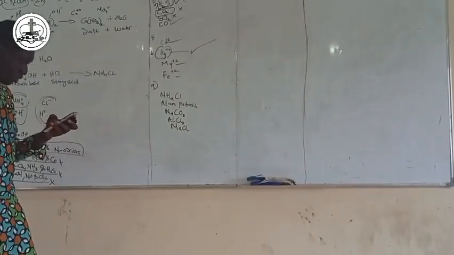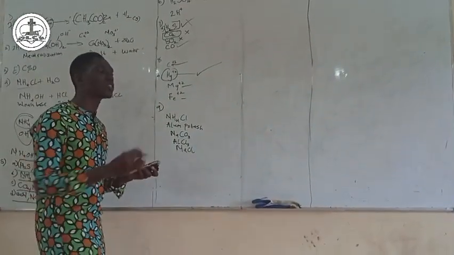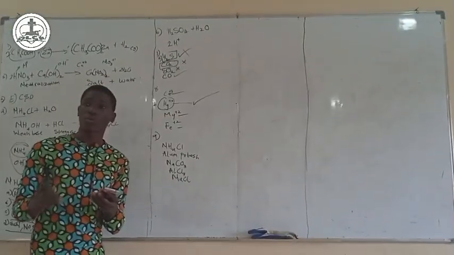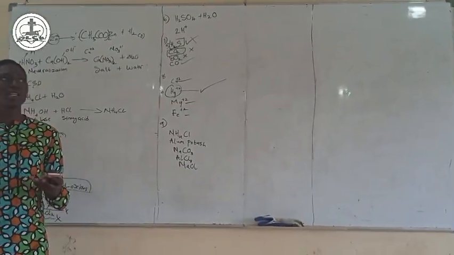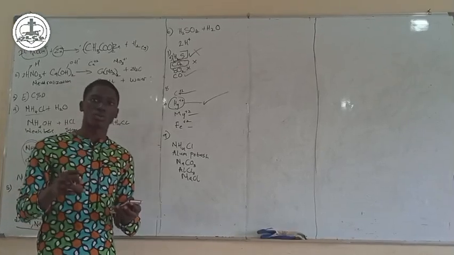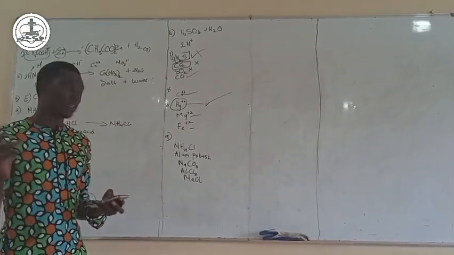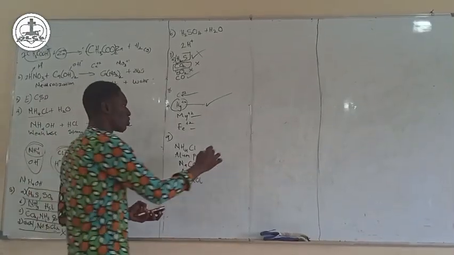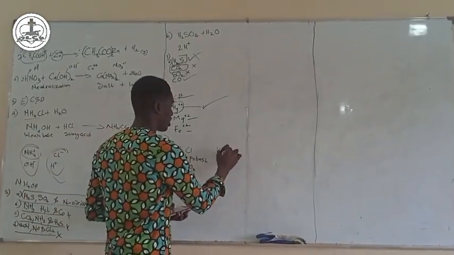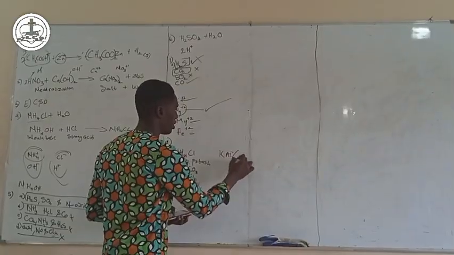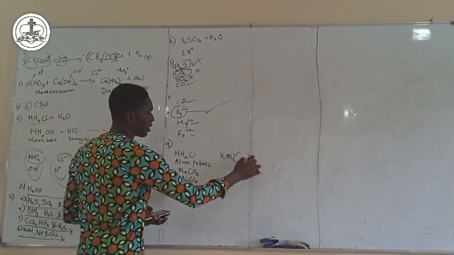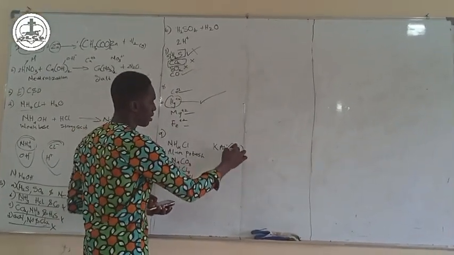Now a double salt is a salt that when it dissolves in water, produces at least two positive ions and one negative ion. So alum potash is in this form.